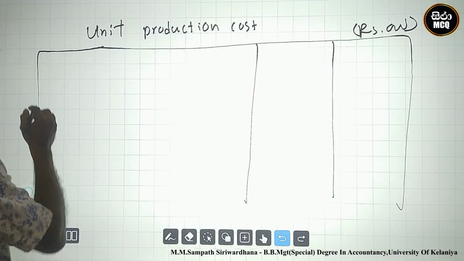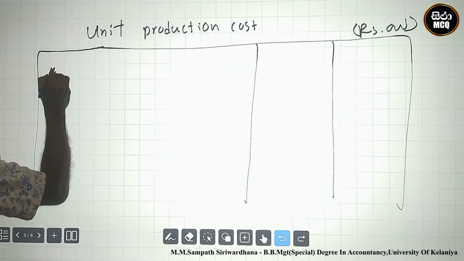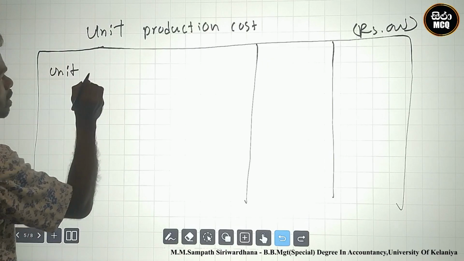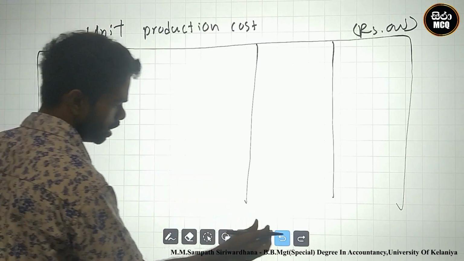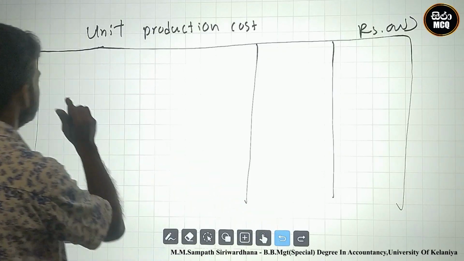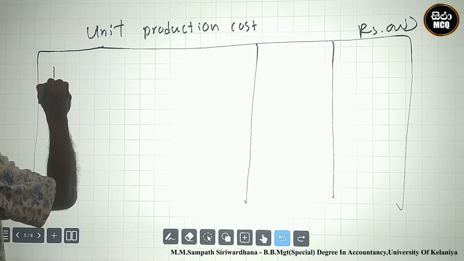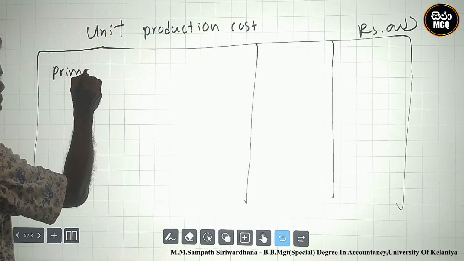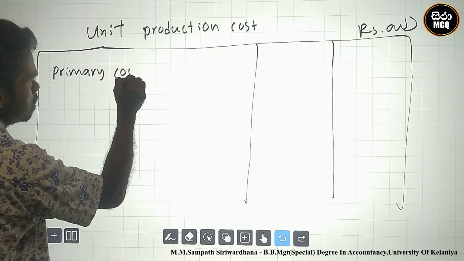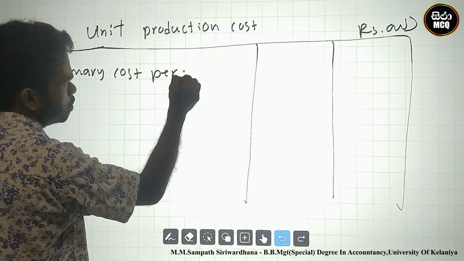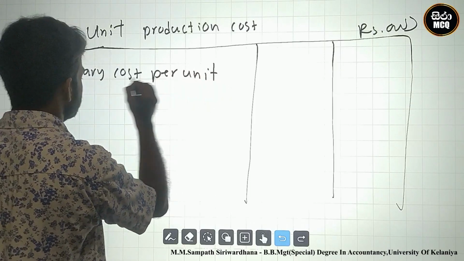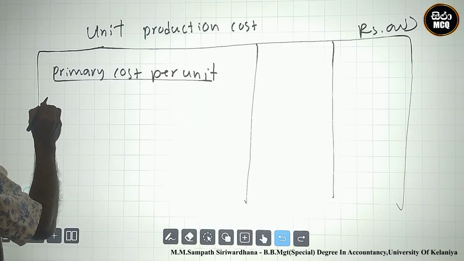What is the structure? First the primary cost per unit. How can we calculate it?